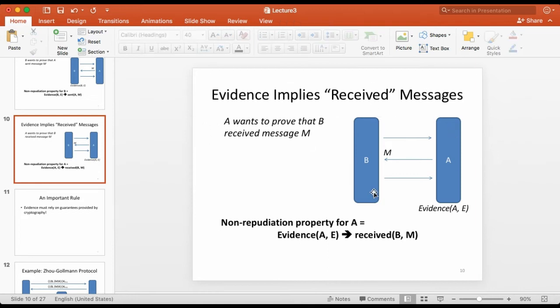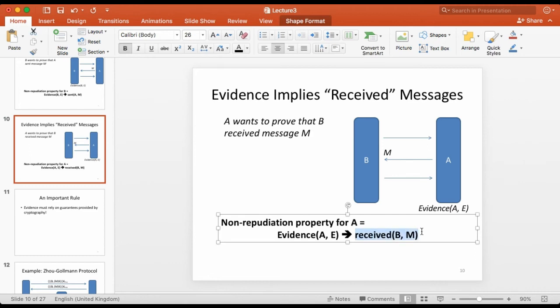Okay, so in this case, again, similar to the previous setup, during the course of the protocol A is essentially sending a message M, but the evidence that A would want to accumulate or collect out of the protocol is one which will allow it to prove that B indeed received the message M. Okay, so A wants to prove that B received message M, and if that implication did hold true, we will then have proven a non-repudiation property from A's point of view, or we call it non-repudiation for A.